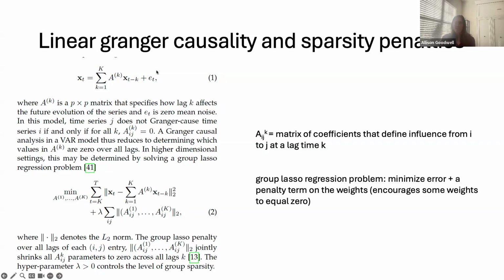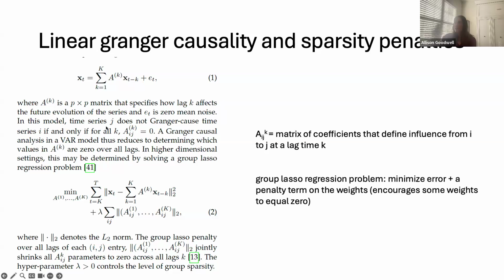So say you have 5 by 5 variables, all of which could be interacting with each other. So A is specifying how, at a particular lag, that variable affects the future evolution of the time series.